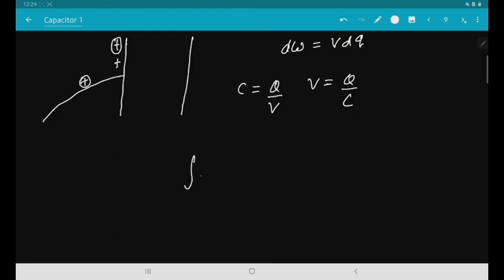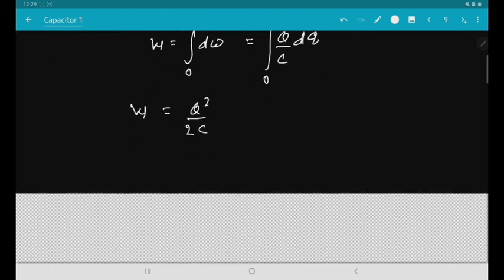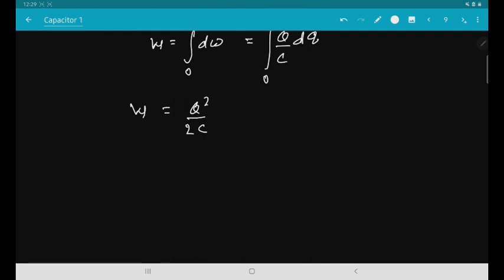So we can obtain the total work done in charging this plate by integration of this dW from 0 to Q. We will get Q divided by C into dQ, integration from 0 to Q. So this will give us, Q dQ integration will give us Q square by 2C. So this is one equation for the work done or the energy stored.